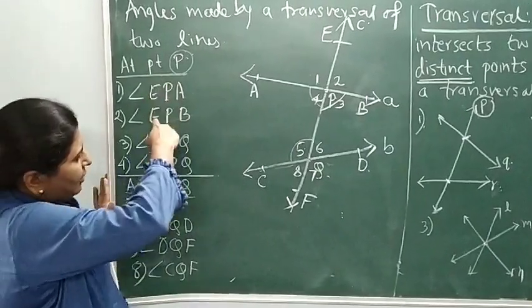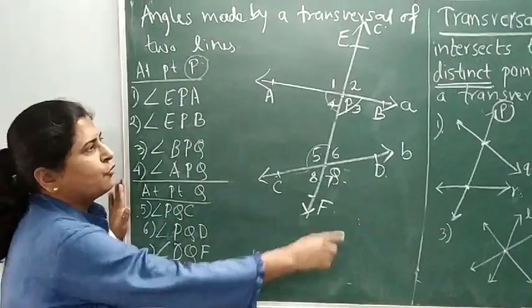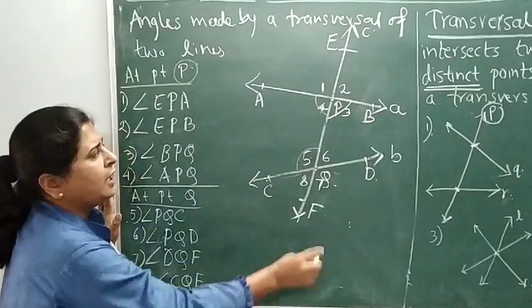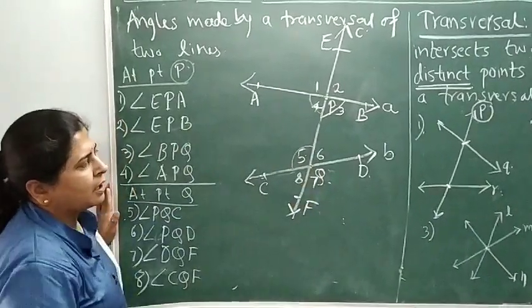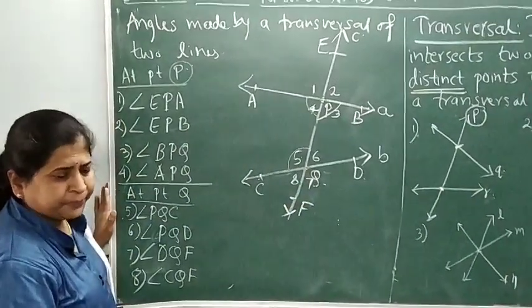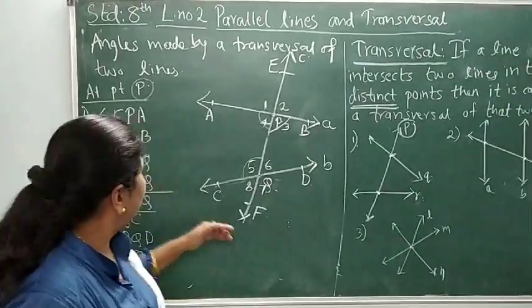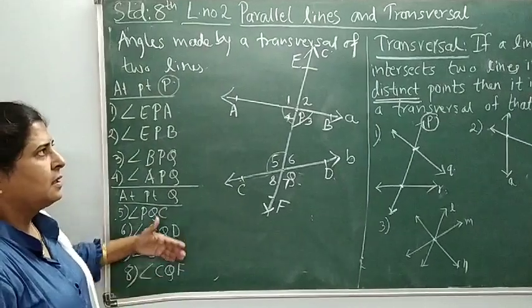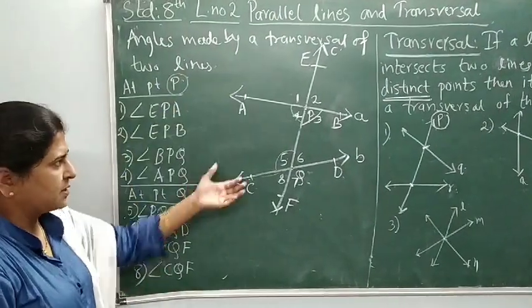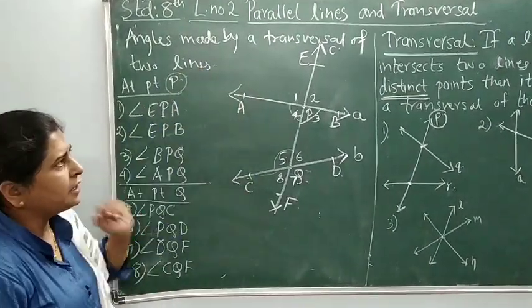Now we have seen that there are 8 angles, 4 at the first intersecting point and another 4 at the next intersecting point. Now we are going to see the pairs of angles from these 8 angles with reference to this figure.